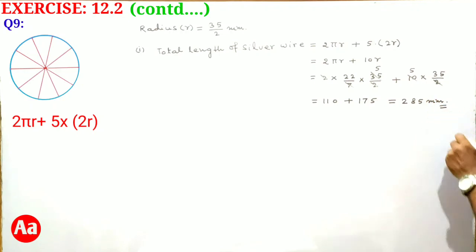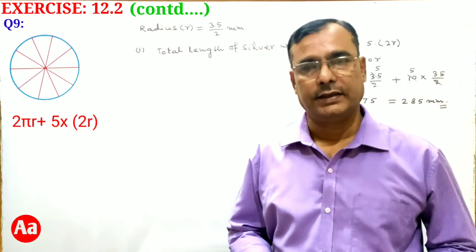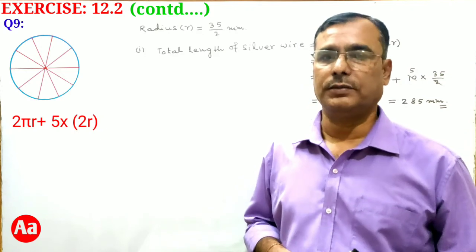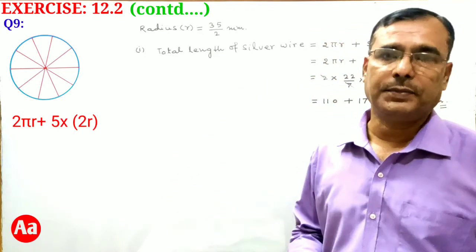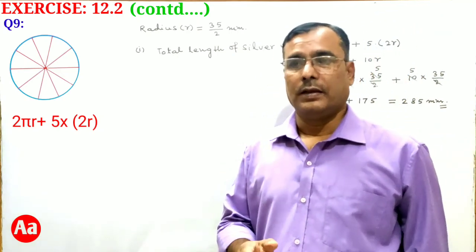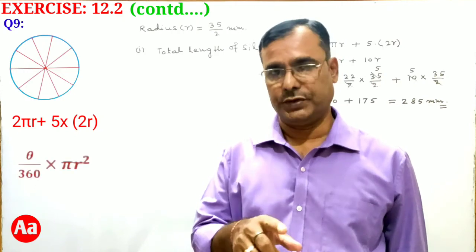So this is total length 285 millimeter of silver wire required in one circular brooch of diameter 35 millimeter. In second part, we have to find area of each sector of the brooch.